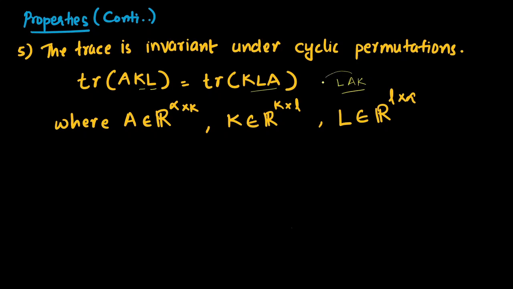So for all these combinations, the trace will be the same. And there should be constraints on the dimensions: A is alpha by k, K is k by L, and L is L by alpha. So there should be this kind of relation between the dimensions. Then only can we do the multiplication like this.